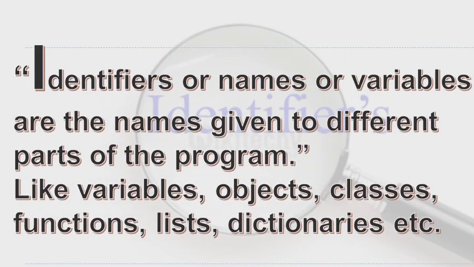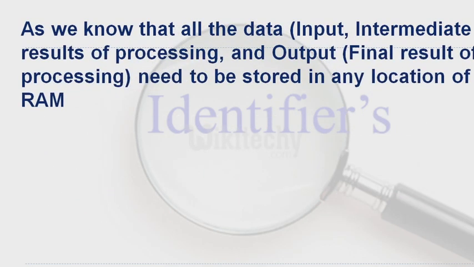Identifiers are the names given to some memory location or some parts of a Python program, like variables, objects, classes, functions, lists, and dictionaries. These are some objects used in Python. So whenever we give names to these objects, they are known as identifiers.